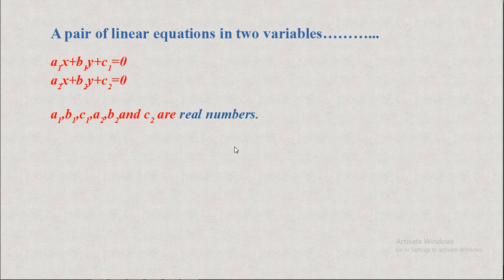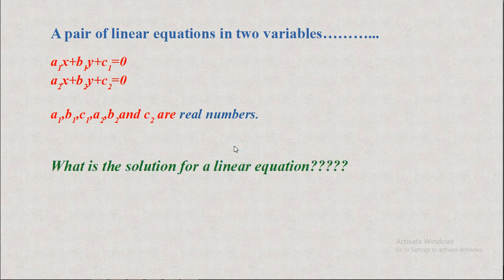Now let us see what is the solution of a linear equation. For every equation we know that there will be a solution. Here we can take ax plus by plus c equal to 0, a linear equation, and can you see two sides of this equal to sign here?